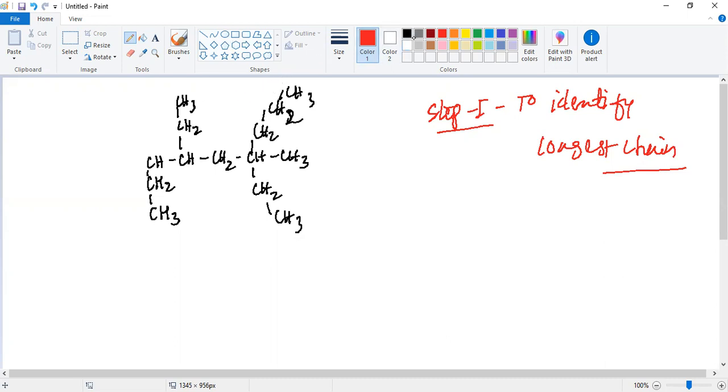Let us first start, or we will have to try many others. So if we start from here, we may have one chain here. Or, my dear students, we can have one more option, that we may go in this manner. Or, we can even think about this.